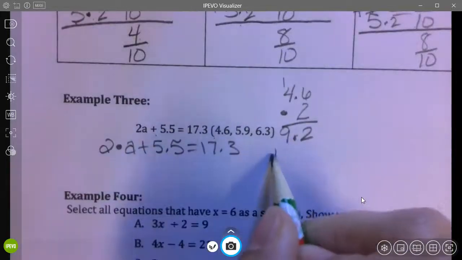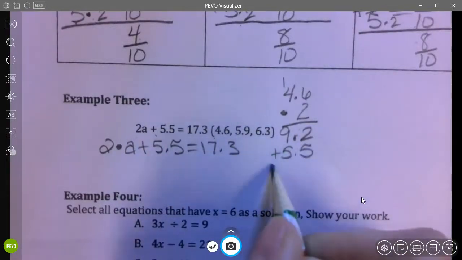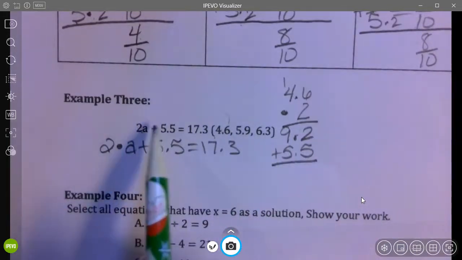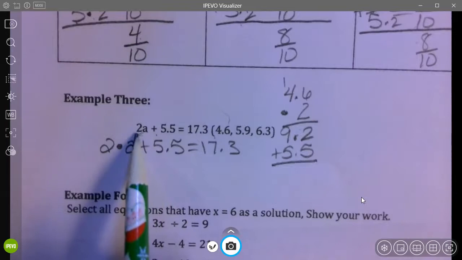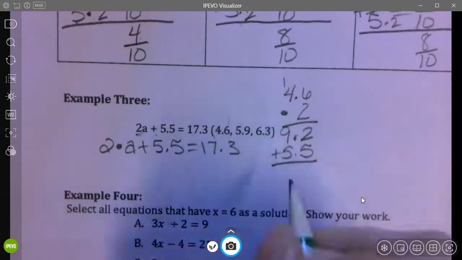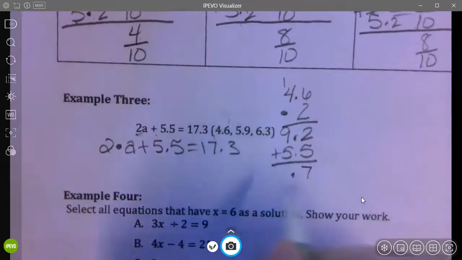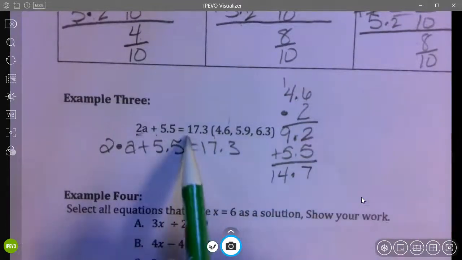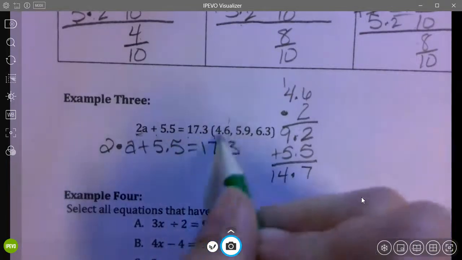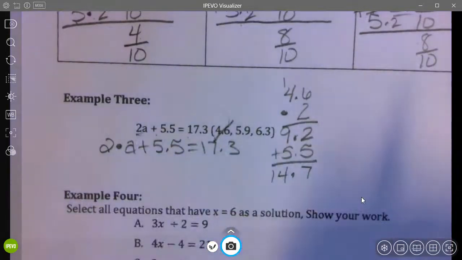Now I would add my 5.5. When I substitute 4.6 in for A, I multiplied 4.6 times 2, which gave me 9.2. Now I'm going to add the 5.5, and that is going to give me 14.7. I am looking for it to equal 17.3. So I know that is not going to work.